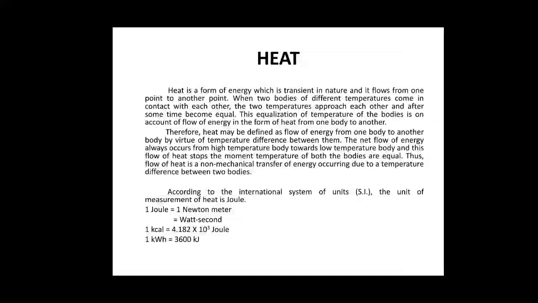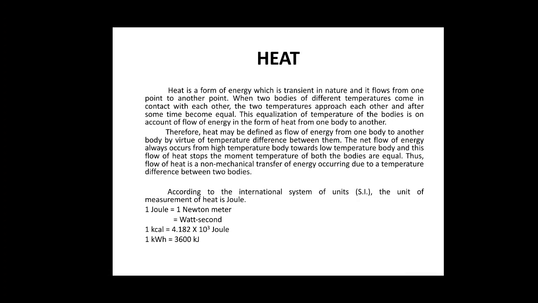When two bodies of different temperature come into contact with each other, the two temperatures approach each other and after some time become equal. What I explained is typically your zeroth law of thermodynamics.